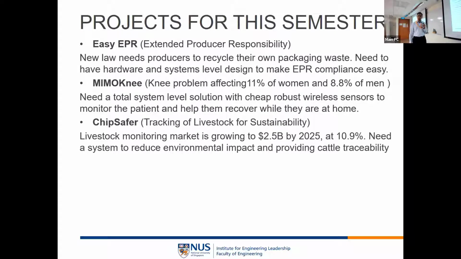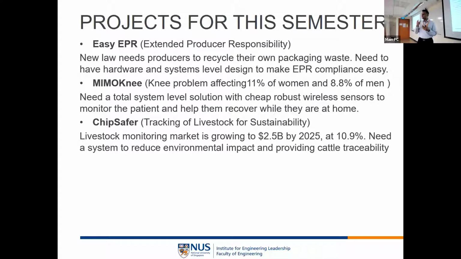Next, we have Chip Saver. This is a very interesting one about monitoring livestock. This project comes from Uruguay. There is a team from Uruguay and Brazil working with us, and they've just established their company in Singapore, but they're still trying to figure out a frugal but more cost-efficient way to track livestock.